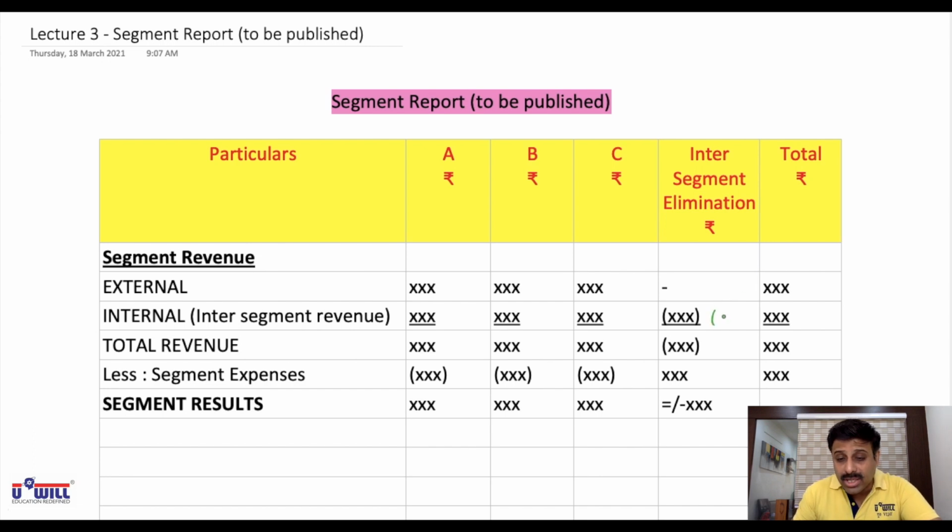In that situation, here you minus 900, in total revenue. The cost is also 900, so you add 900 and a nil amount will come. Means in profit, no amount is included. Inter-segment profit is not there because they have sent the goods at cost itself, so in inter-segment results or profit, a nil amount will come.